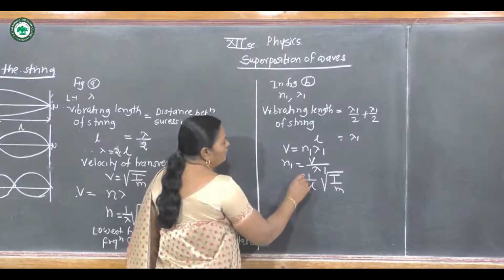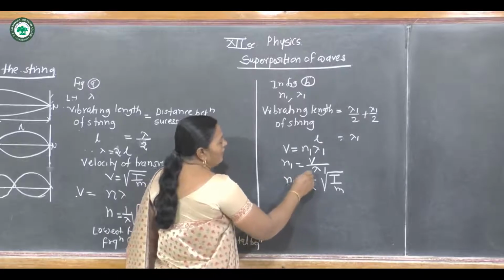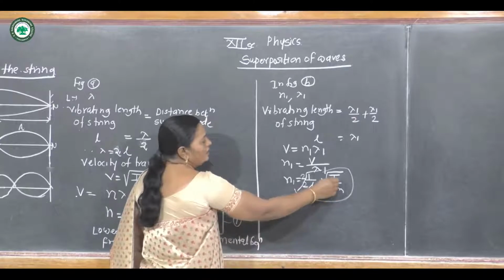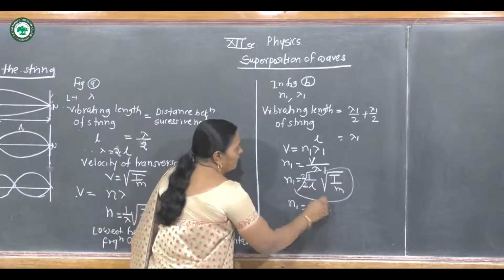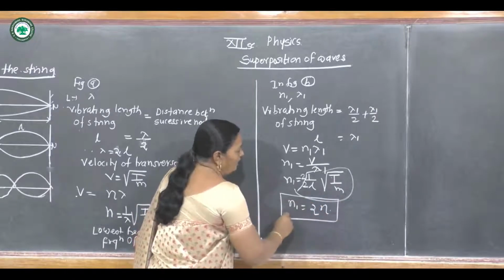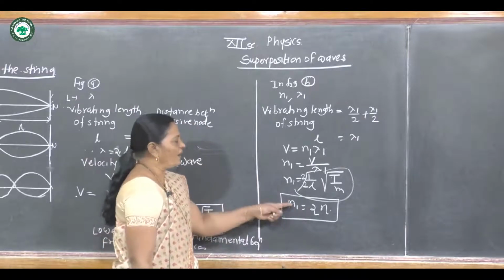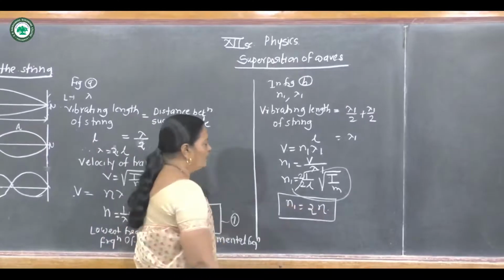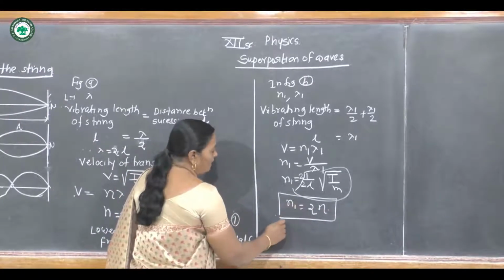Now suppose we multiply by 2 by 2, then the value is 1 upon twice L under root T upon M, which is nothing but N. Then it is twice N. That is, in this mode the frequency of vibration N1 is twice N.